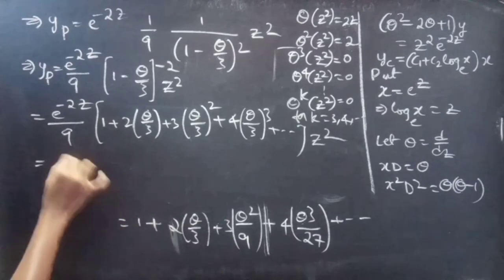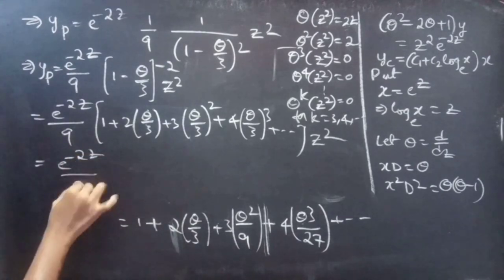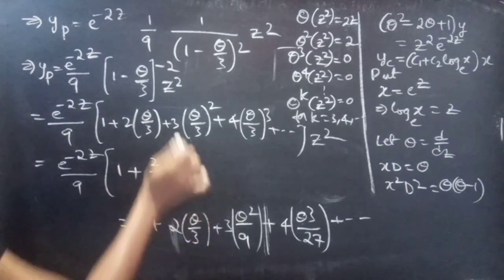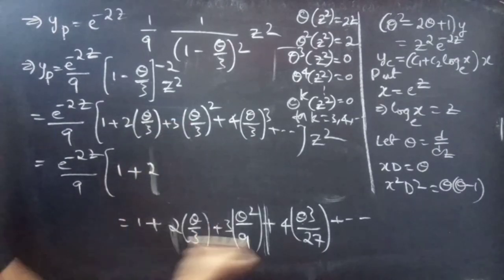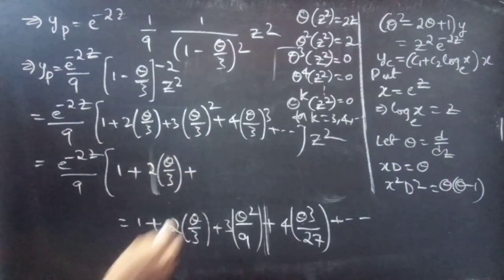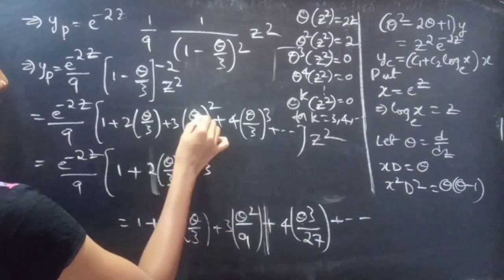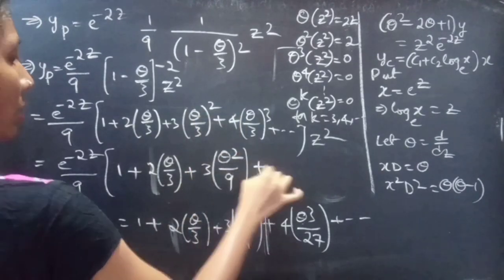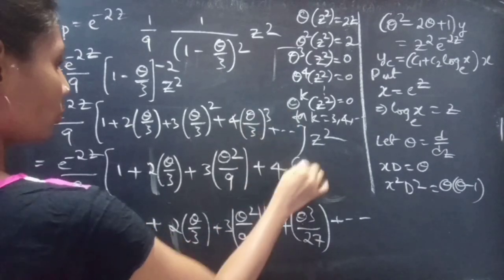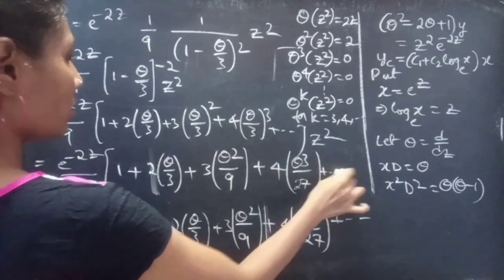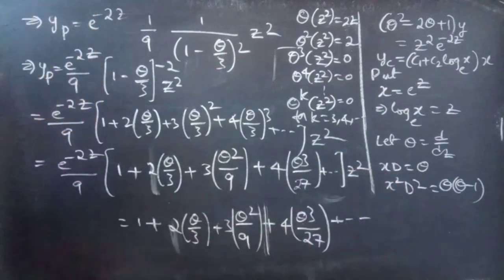This equals e power minus 2z by 9 into 1 plus 2 into theta by 3 plus 3 into theta square by 3 square 9 plus 4 into theta cube by 3 cube 27 plus so on, into z square.